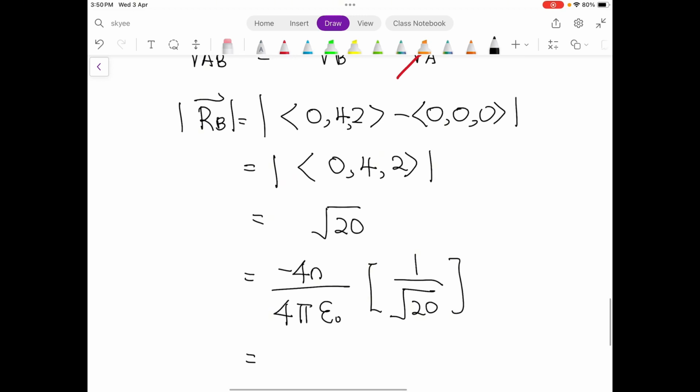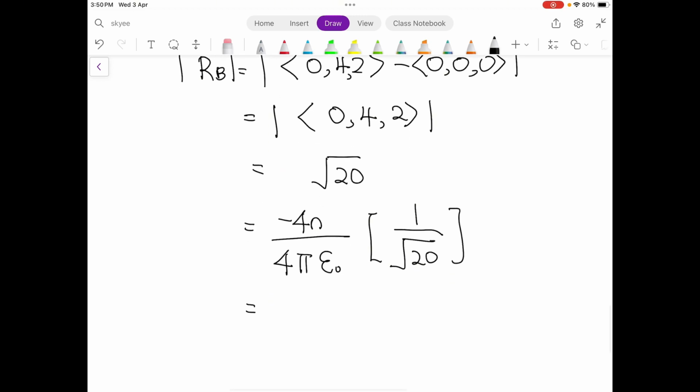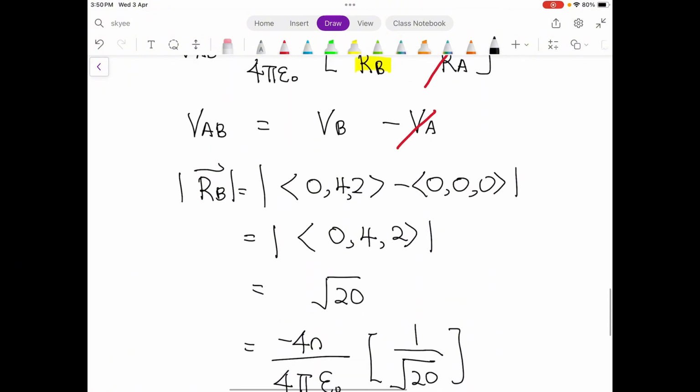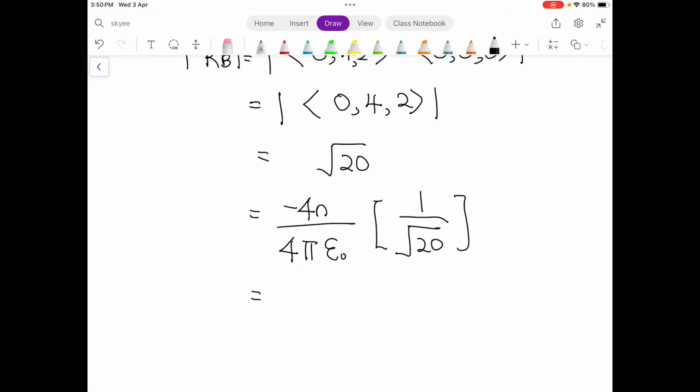So this one will be the potential at the point B, 0, 4, 2. So this one you can cancel it. So you have a negative 8.04 volt. And this is the VAB, negative 8.04.